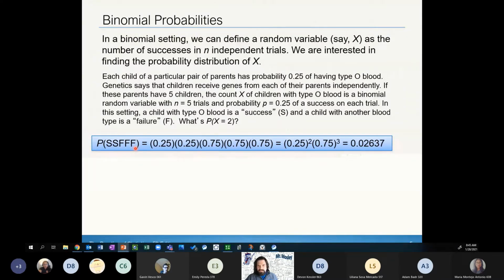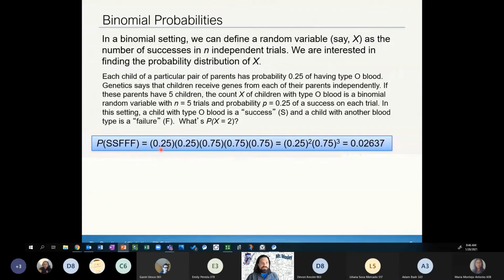Since these are independent, and it's a succession of things happening, we can think of this as a tree diagram like we've seen previously. We have a kid, they either have type O or not. These are independent. And after that kid, there's another kid, so on and so forth. We could build a tree from that. These are and connections, so we multiply the probabilities.